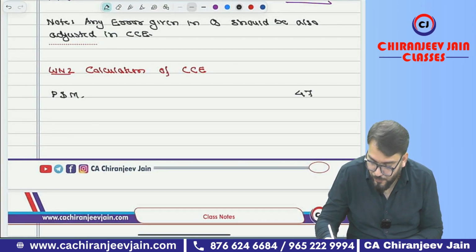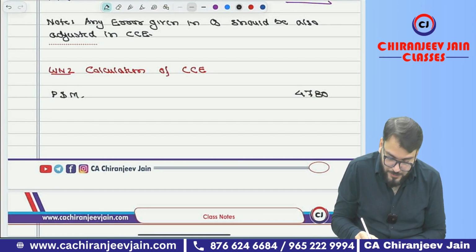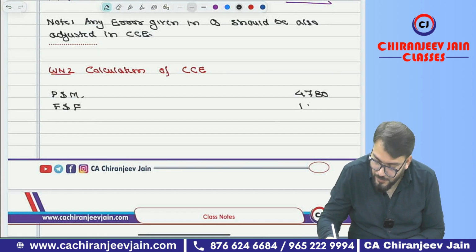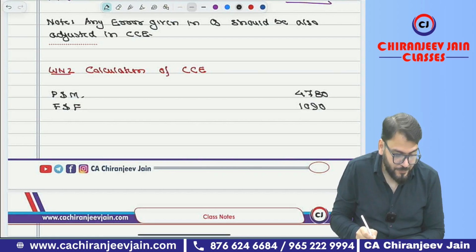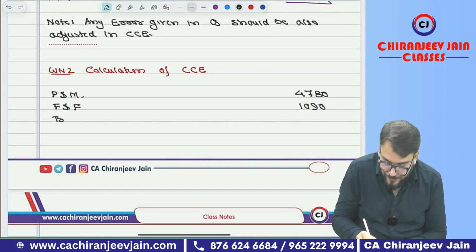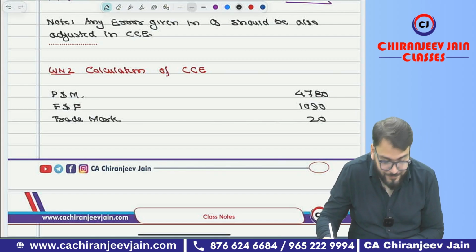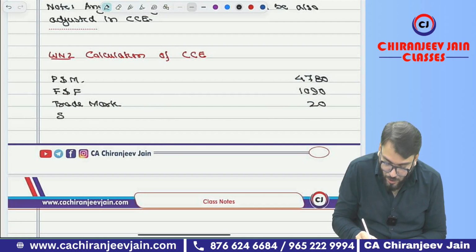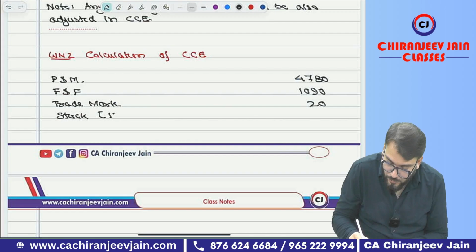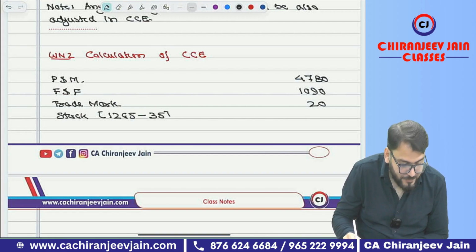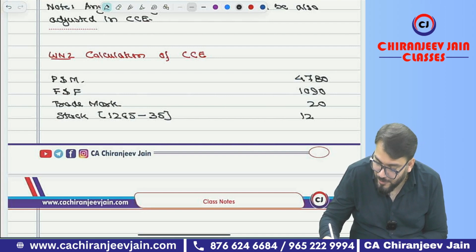Then furniture and fittings, 1090. Then trademark and patent, 20. Then stock. How much is given? 1265. But from this we'll deduct 35, so it will be 1230.